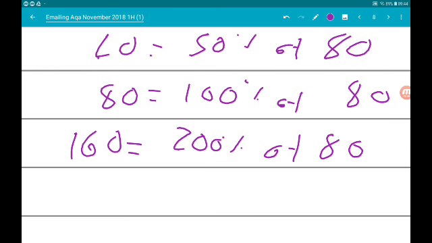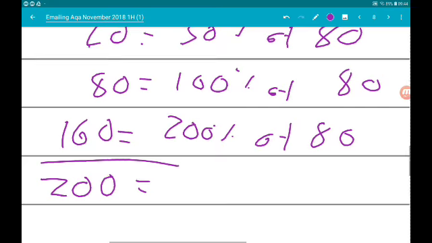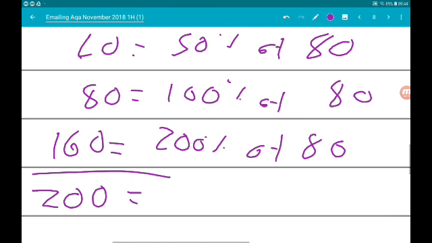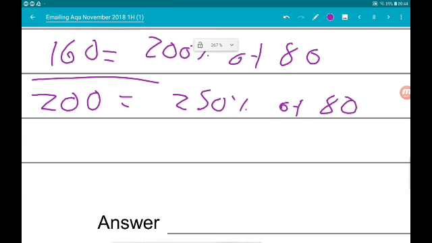So 200, which is 160, add 40, 200 is 250% of 80. Therefore, it's a 250% increase. Cool.